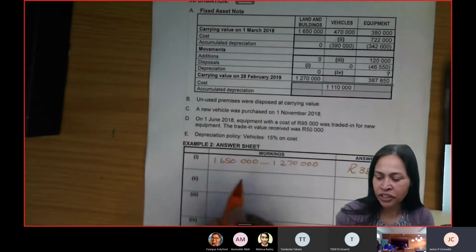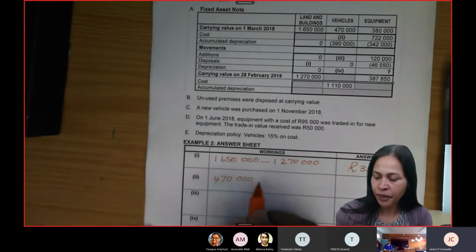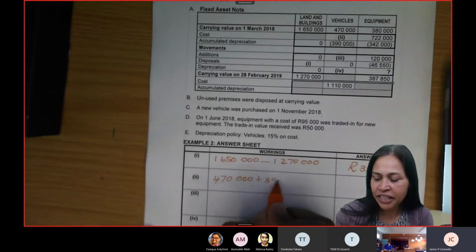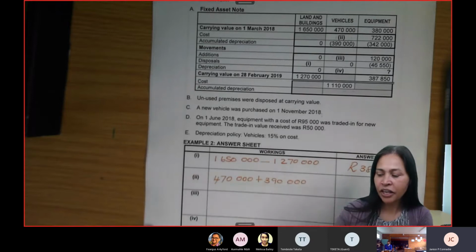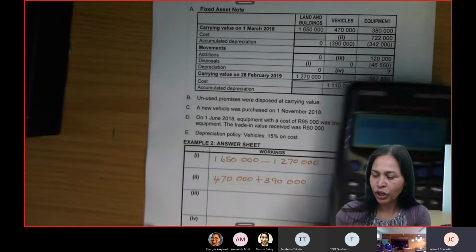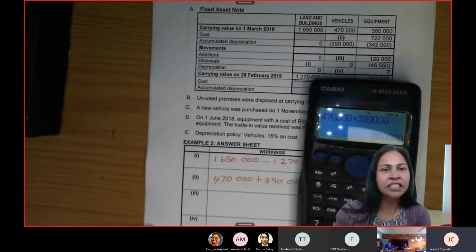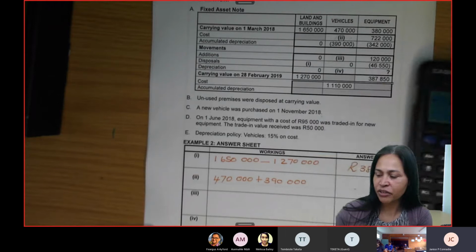So in order to find my cost, I now need to add the two. So I'll have my 470,000 plus my 390,000. And that is how I'm going to find my cost by number 2. So my 470 plus my 390,000 gives me my 860,000.